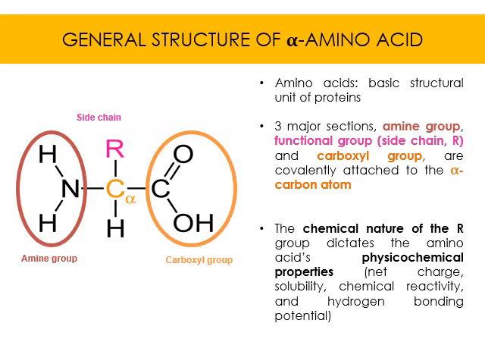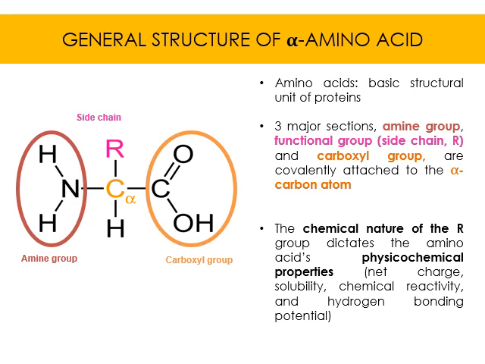Now we're going to look at the general structure of an amino acid, the building block of protein. In this basic structure, there is a chiral carbon, the alpha carbon, linked to the amine group as well as the carboxyl group. As mentioned, there are 20 different types of amino acids.